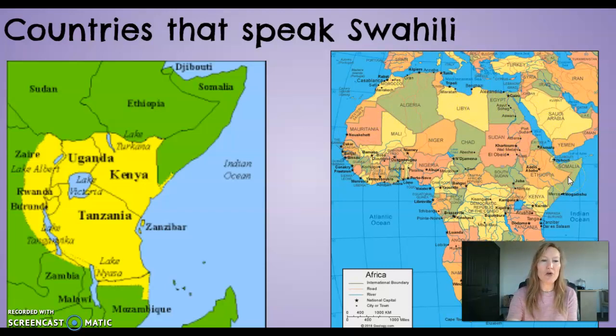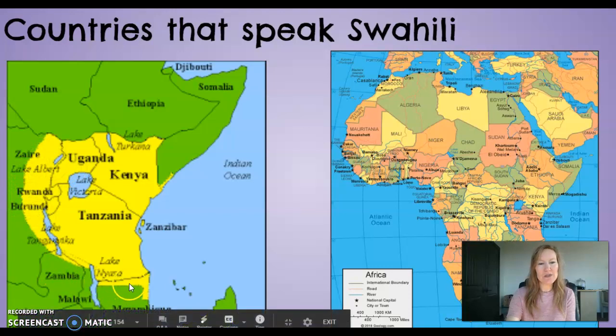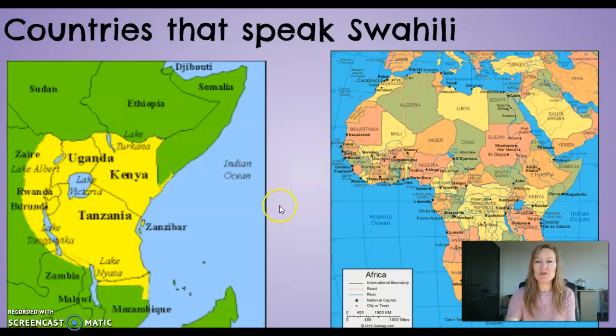There is also a chunk of the continent, you can see over here, that speaks a language called Swahili. And so you've got the countries of Tanzania and Kenya, Uganda also, and then parts of some of these other countries. You see it kind of dips down into some of those surrounding countries.